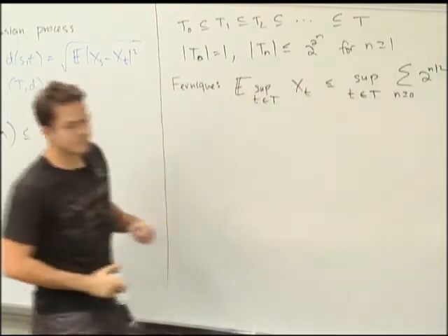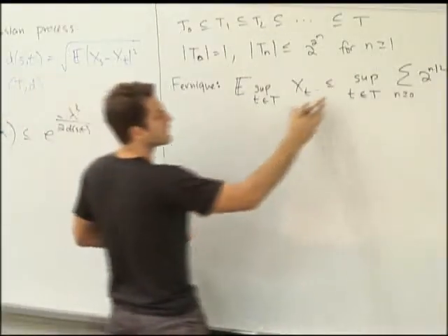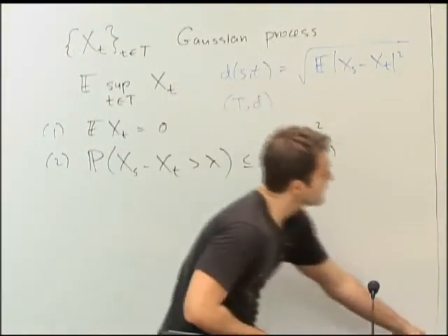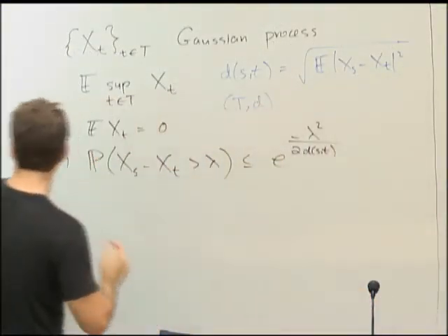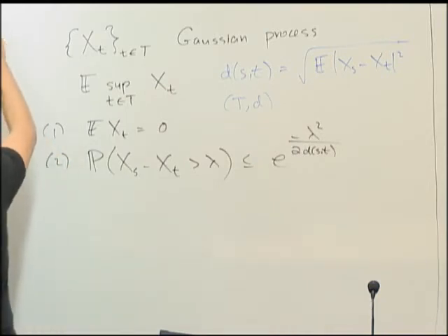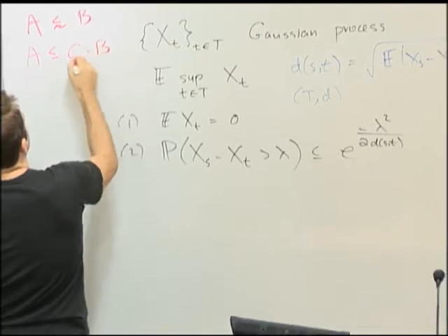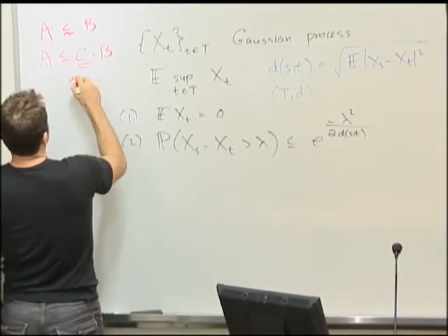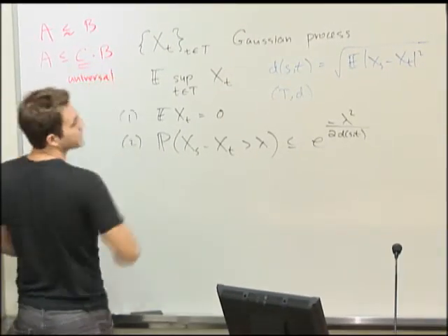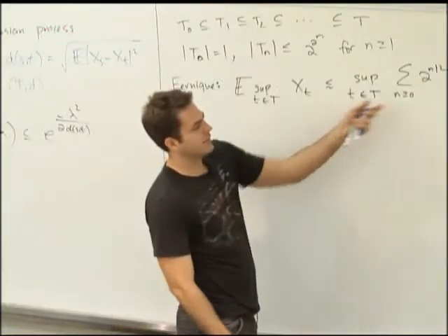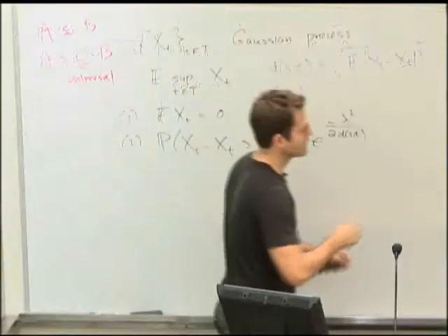In general, when I write a less than or equal to squiggly b, it means a is at most some constant times b, and this constant should be universal, so it doesn't depend on any of the parameters involved. So this is at most 10 times this, where 10 is some constant.